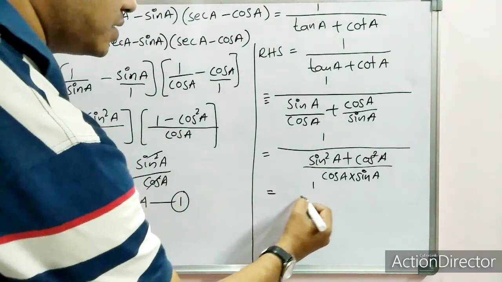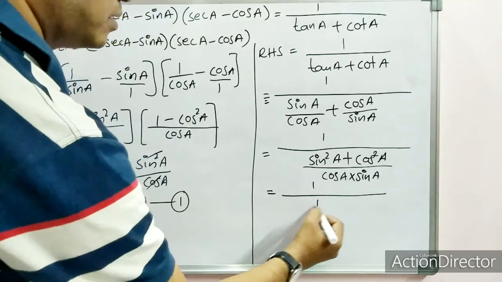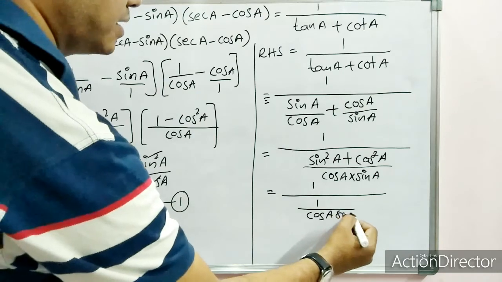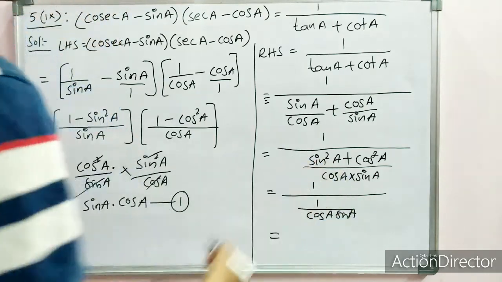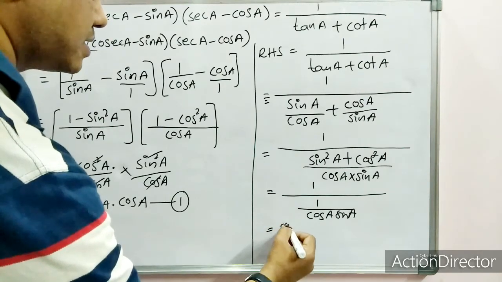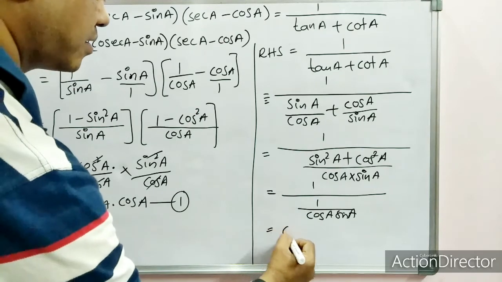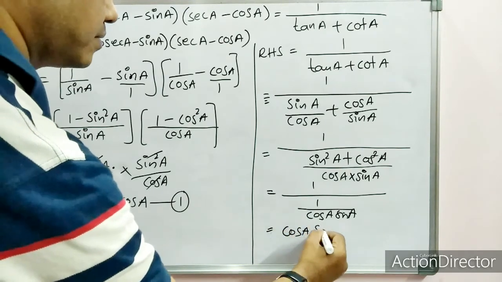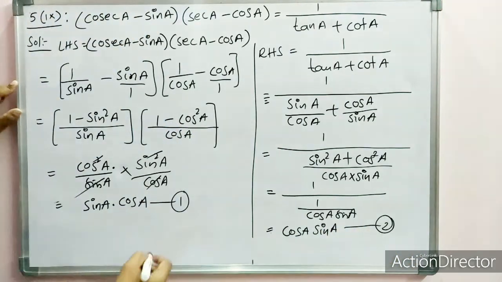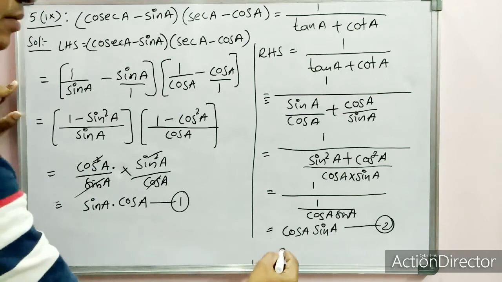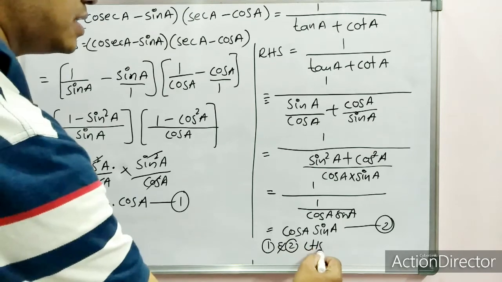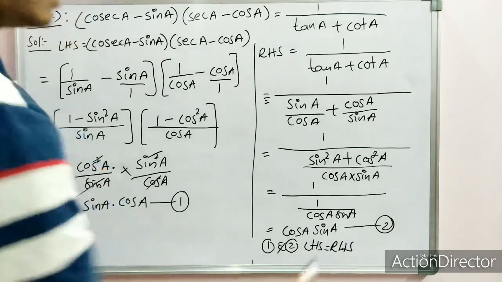So I can write, already it is 1 by 1 by cos A into sin A. Now if I write the reciprocal, it will become sin A into cos A. So this is equation 2. Therefore, from 1 and 2, LHS is equal to RHS.